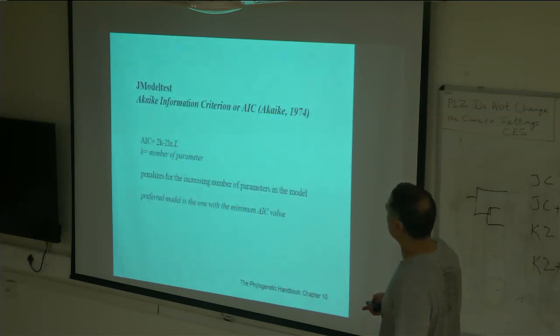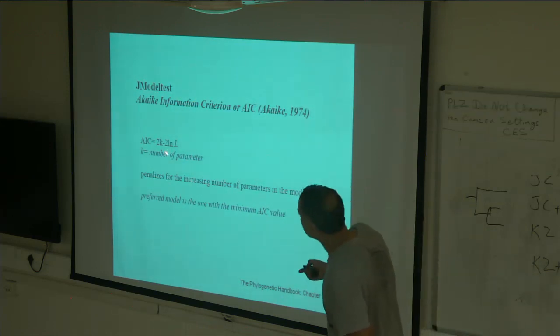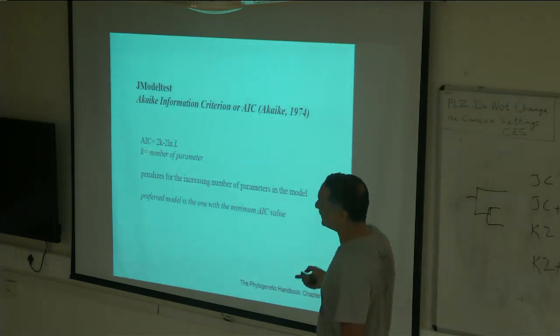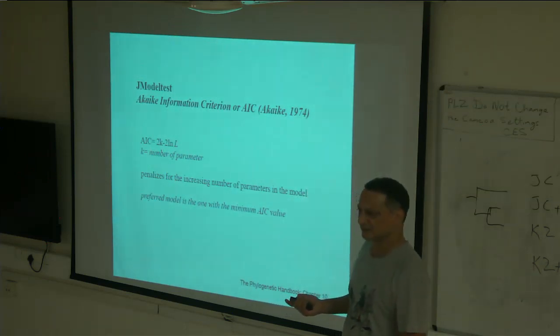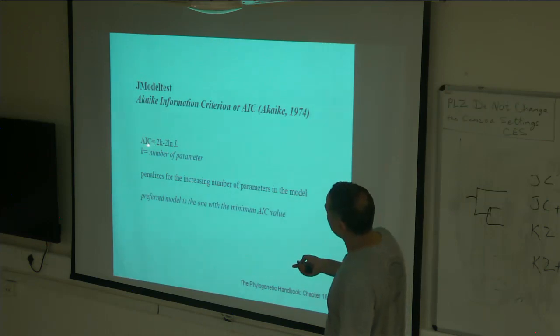Okay, I've already talked about this. Oh yeah, so jModelTest is also out. Akaike information criterion, this is how it would work, right? And BIC is also probably very similar to this, I don't know. So AIC is 2K minus 2 times the likelihood score, and K is the number of parameters.